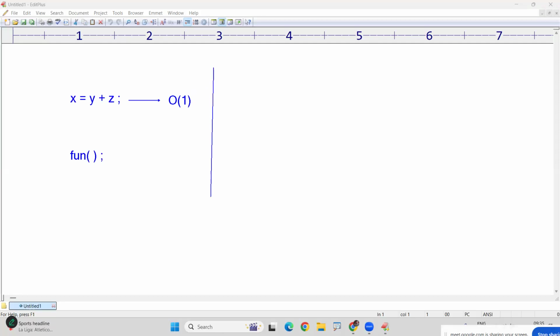In the same way, for example, if I'm taking one loop that repeats n times, i less than or equal to n, i plus plus, and inside we write x equals y plus z.